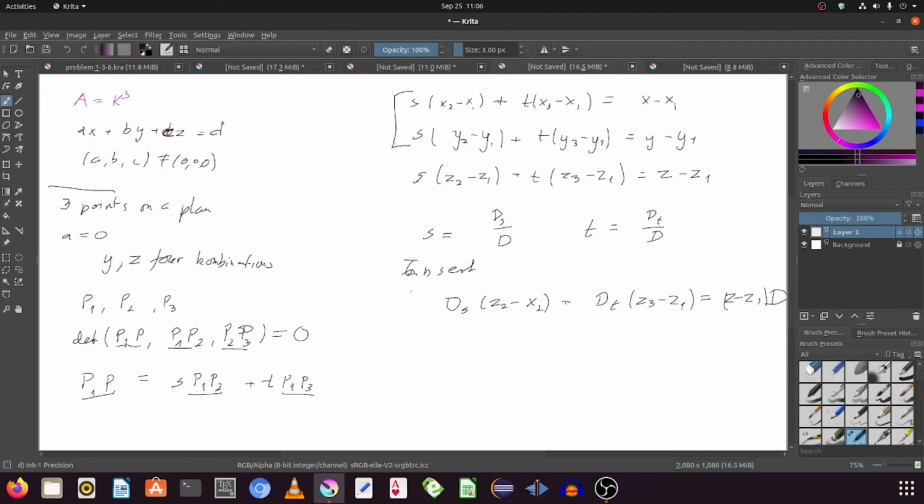So I'll have to write the determinants. Oh my God, this is going to be very big. This is actually the kind of thing that Maple would be able to do for us. Well, let's see.